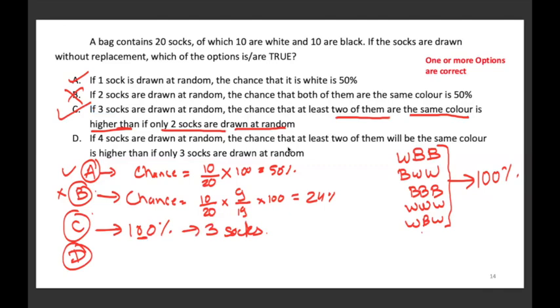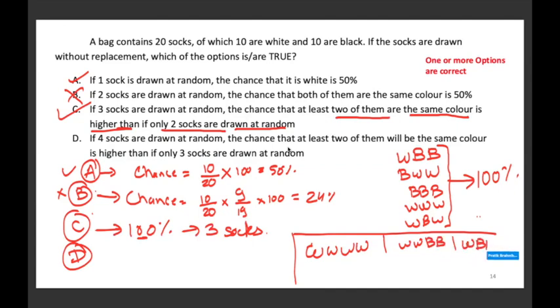Next. If 4 socks are drawn at random, the chance that at least 2 of them will be of the same color is higher than if only 3 socks are drawn at random. Now 4 वाले में भी ये 3 वाला ही situation होगा, क्योंकि 2 typology और 4 socks draw कर रहे हो. So the possibilities are W, W, W, या WWBB या WBBB या BBWB.